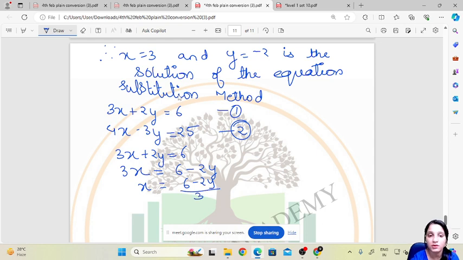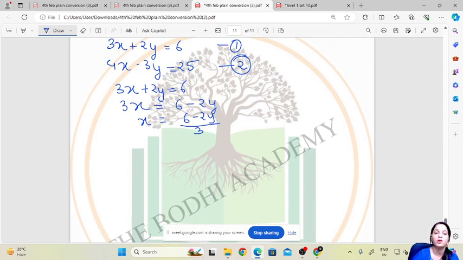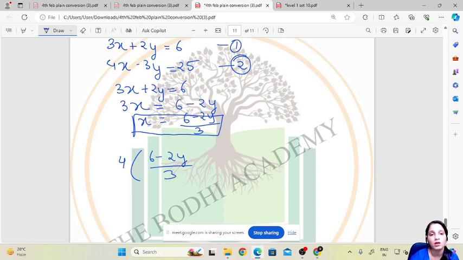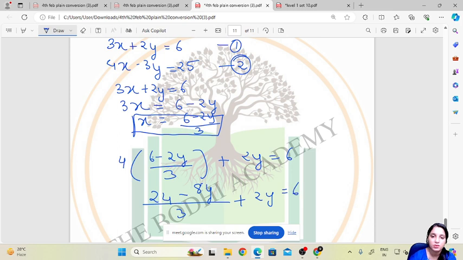So in the second equation you have to substitute for this. 4 into x is 4 into 6 minus 2y upon 3. This 4 you have to multiply here. 4 6s are 24 minus 4 2s are 8y upon 3.